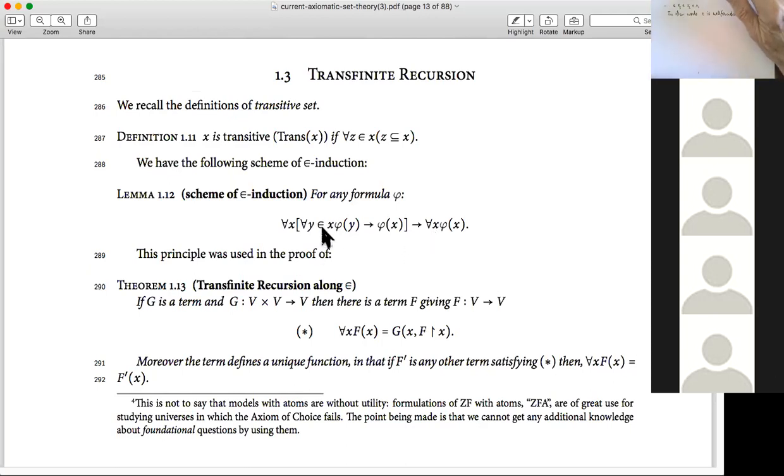But that contradicts this antecedent up here. So the axiom of foundation allows us to have this scheme of induction. And if I've got a scheme of induction, I can then define things by transfinite recursion. We were familiar with this in set theory. We define transfinite recursion along epsilon, where epsilon happened to be the less than ordering on ordinals.